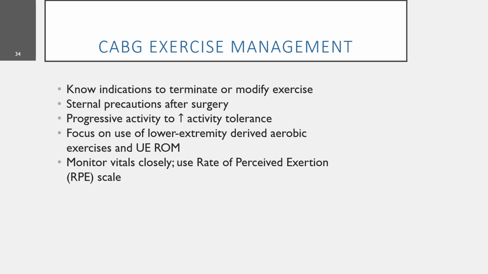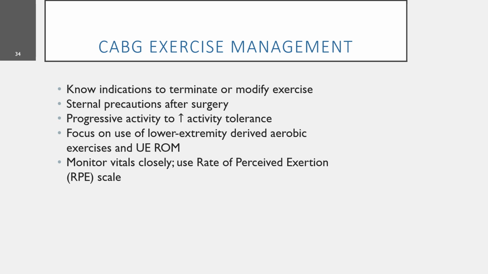CABG exercise management. Knowing the indications as to when to terminate or modify exercises is important. The patient will have sternal precautions after surgery. Progressive activity to increase activity tolerance is ideal. Focus on lower extremity derived aerobic exercises and upper extremity range of motion.